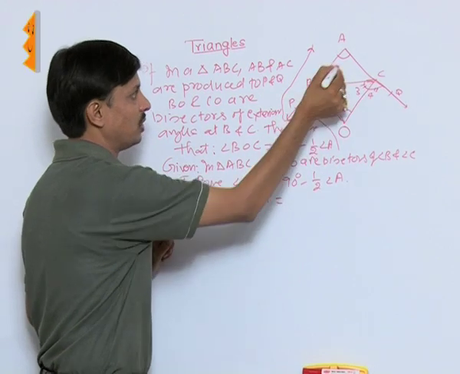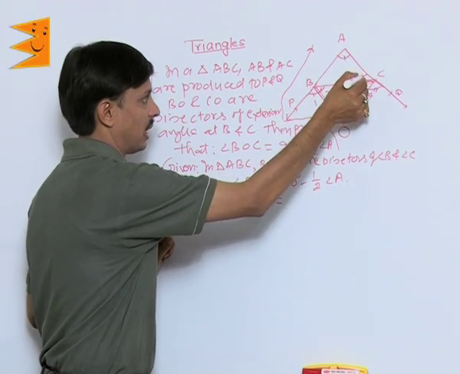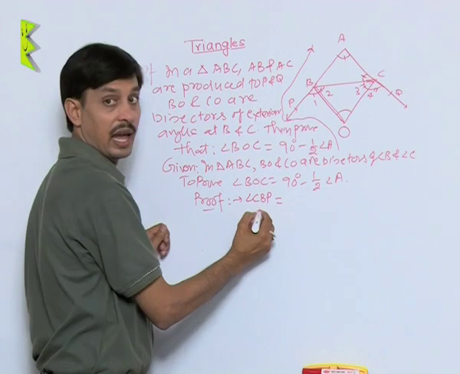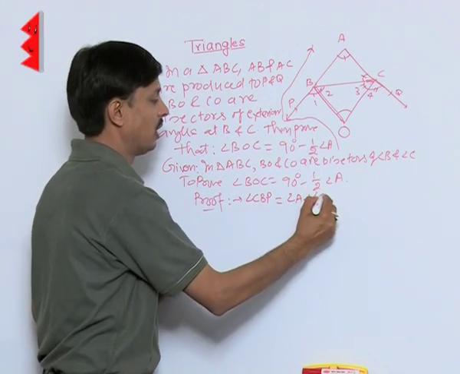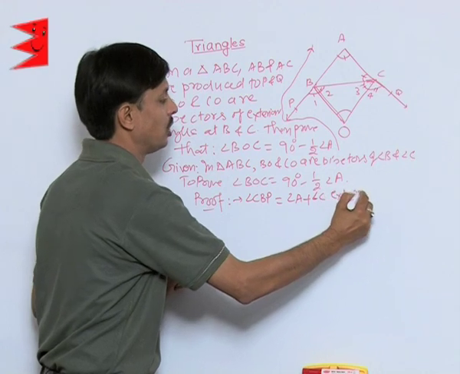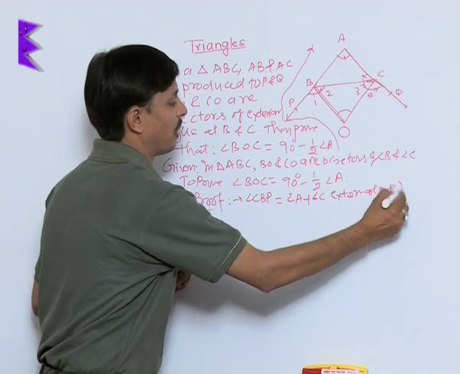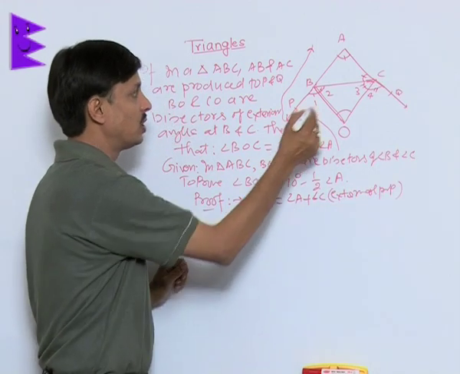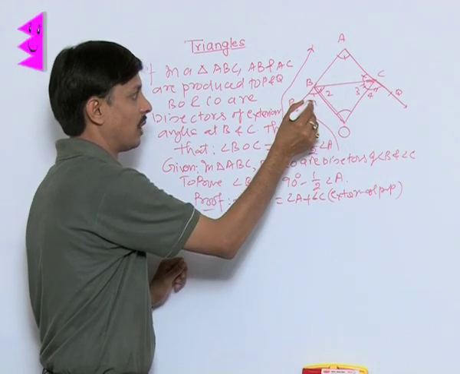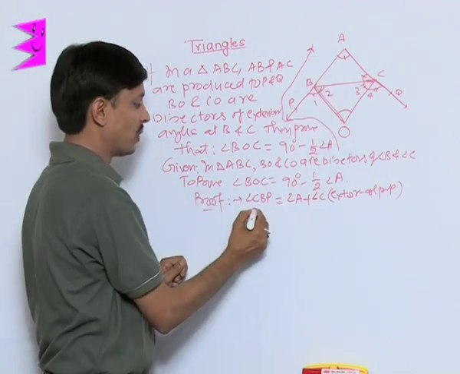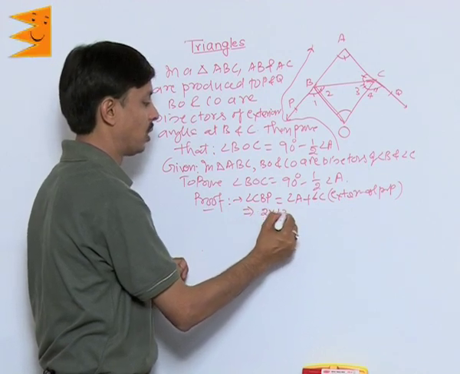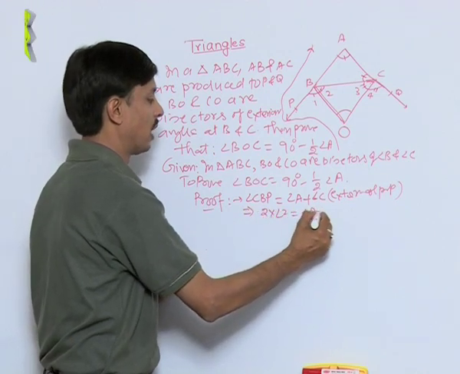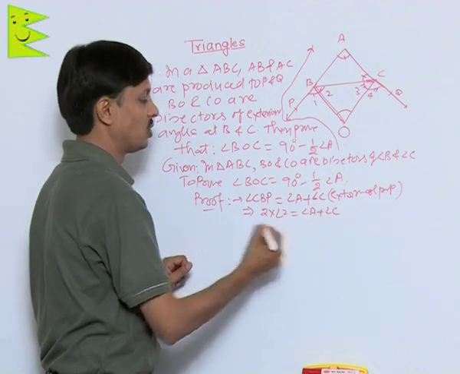Angle CBP is equal to angle A plus angle C, by the exterior angle property. Angle CBP is double of 1 or double of 2. So I can say double of angle 2 is equal to angle A plus angle C.